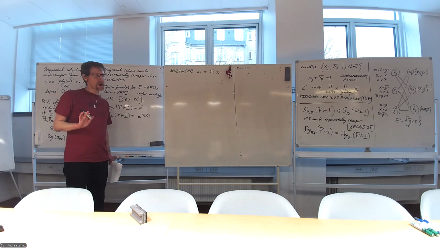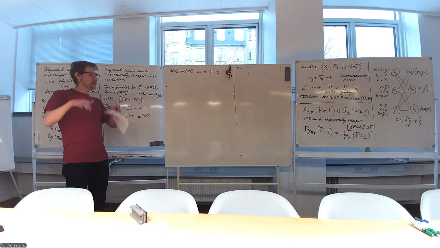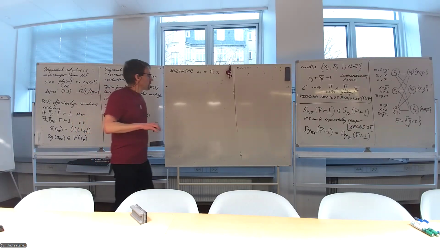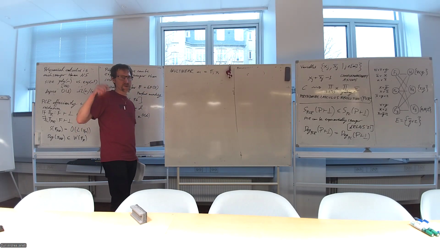And now I claim that without loss of generality, morally speaking, anything we do in polynomial calculus is multilinear, because as soon as you pick up a higher power, you just use the Boolean axioms to bring the powers down to 1. Now, this might take a few steps. You multiply things, you get a lot of polynomials with powers of 2, and you have to remove them, and it gets annoying.